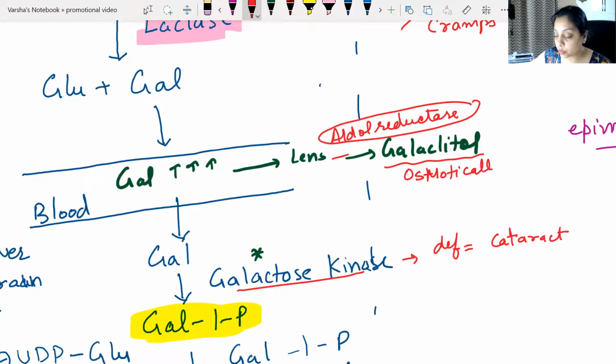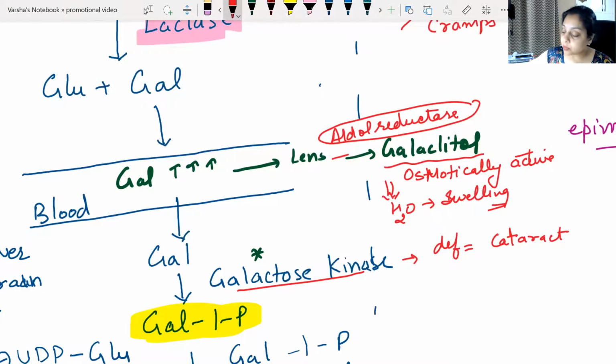If you have too much galactitol in the lens, it is going to suck water inside, which leads to swelling, hence the cataract. And what kind of cataract are we talking about here? Another important thing you should know: oil drop cataract.